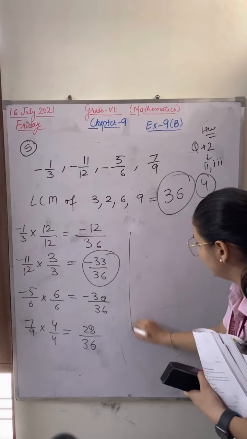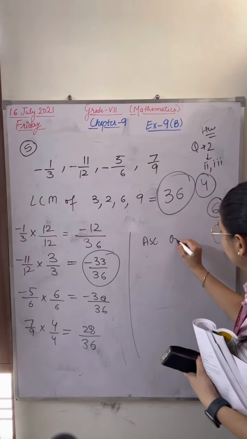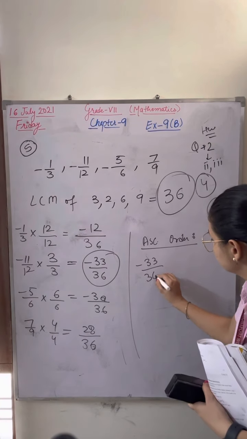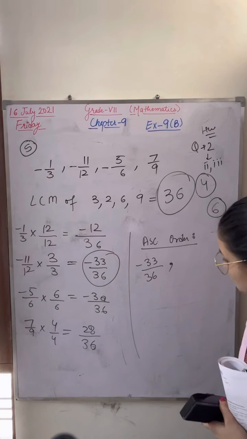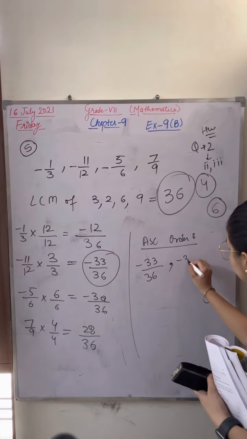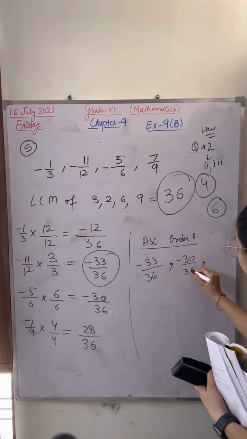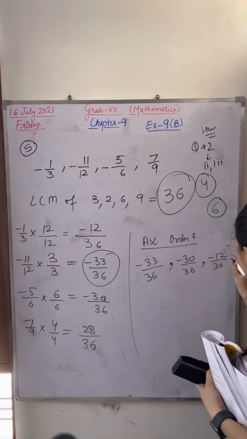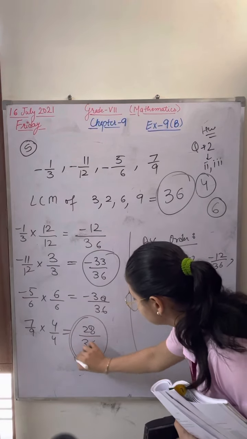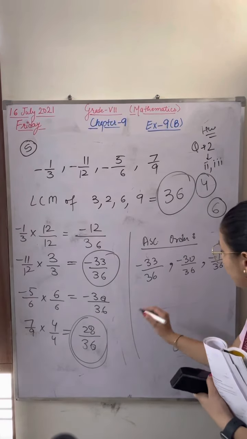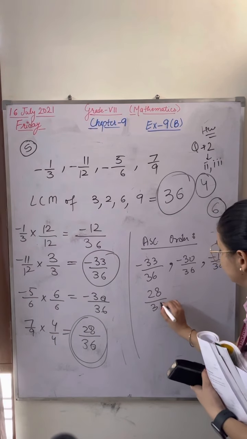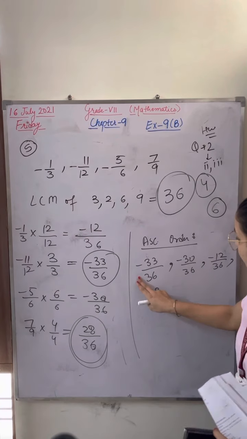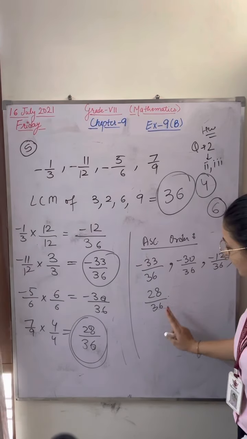So you will write the ascending order in this way: minus 33 upon 36, comma, next is minus 30 upon 36, comma, then minus 12 upon 36, comma, then the positive value, which is the biggest of all, at the last: 28 upon 36. Ascending order means smaller, then bigger, and the biggest.